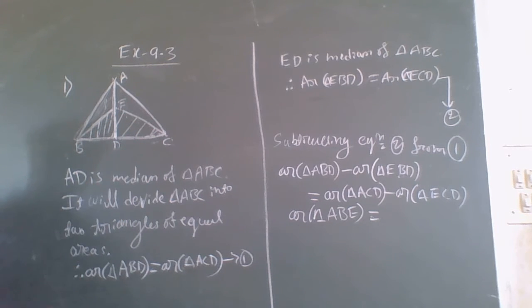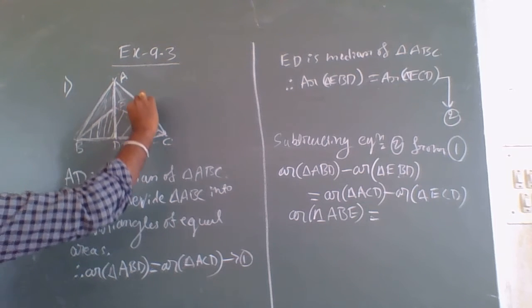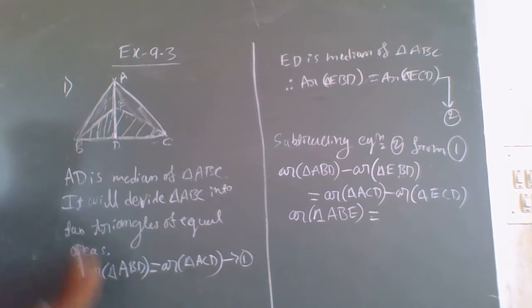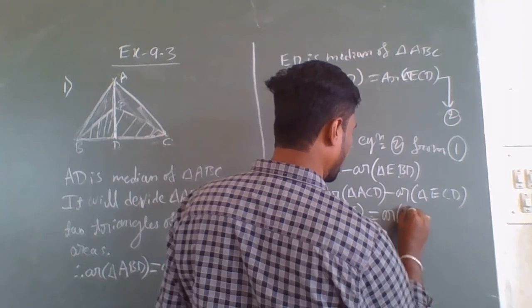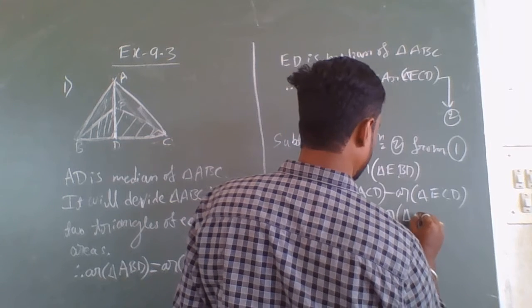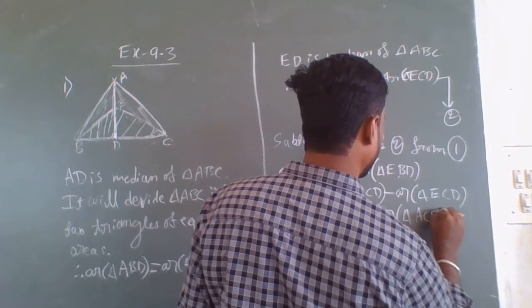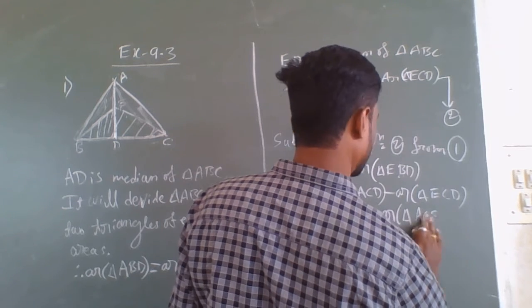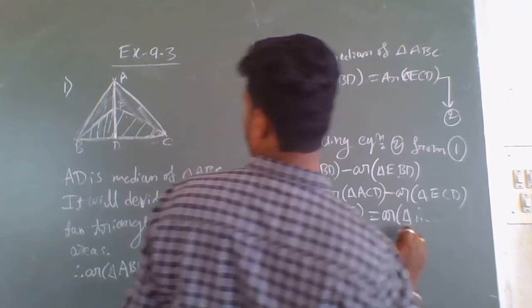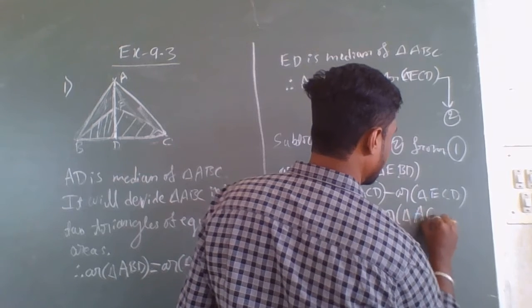So what is remaining? ACE is remaining. So now we can write area of triangle ACE.